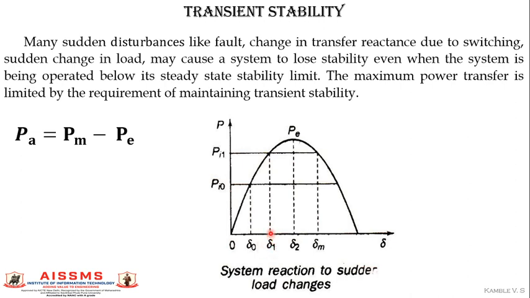In steady state stability we have seen that though there is a change in the input or output, the system becomes stable at the original operating state. But in transient stability, after a disturbance occurs in the system, it will become stable at a new operating point. That stability is called transient stability.